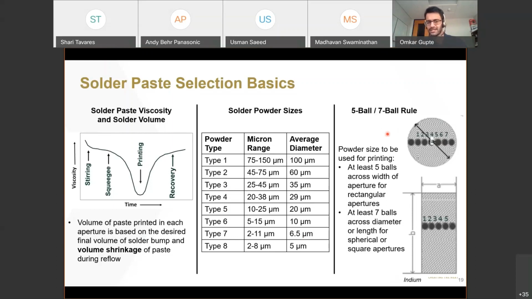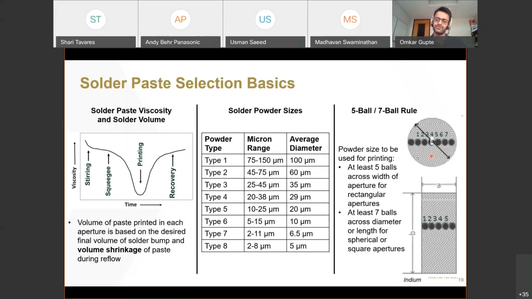Now, this rule is essentially a thumb rule, a guideline. What this says is, for a circular aperture, to get a good print and good reflow after printing, there should be at least seven small solder particles in a row diametrically.